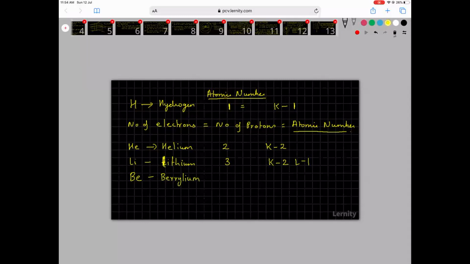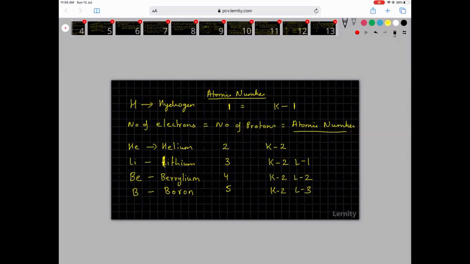Beryllium is 4. So K will be 2, L will be 2. Boron is 5. So K will be 2, L will be 3. Because the maximum number in the penultimate shell is going to be 8.